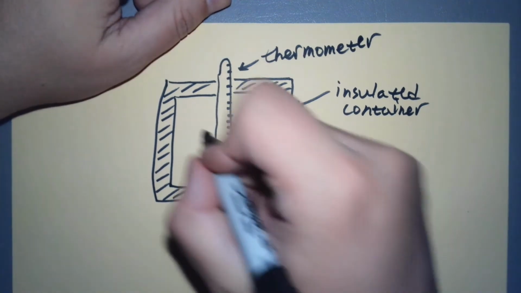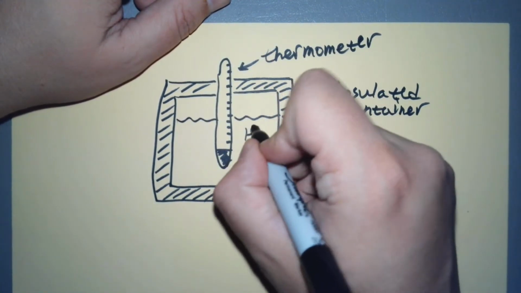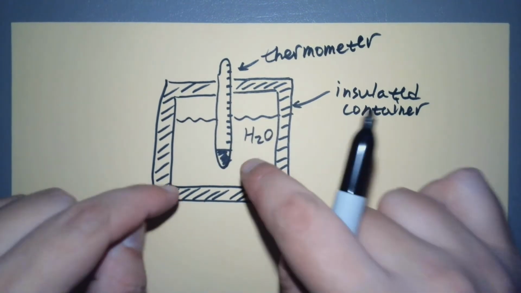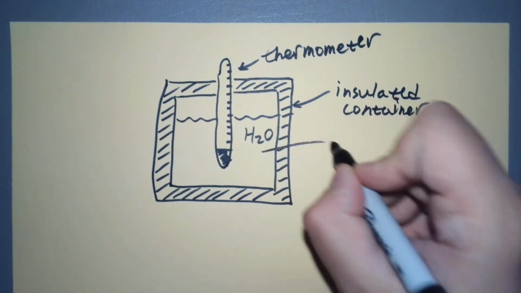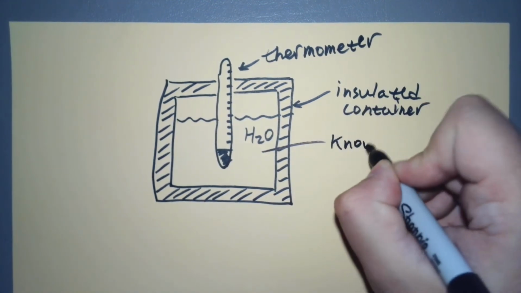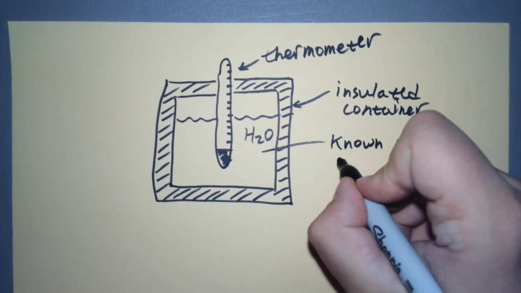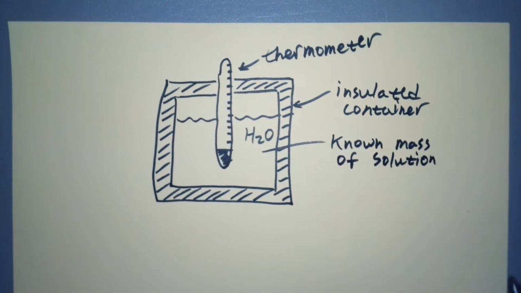Now inside of this box, we're going to have water. And what we're going to do is perform the reaction in the water. So we have a known mass. We know exactly how much mass of water that we have, plus everything else we put in there.